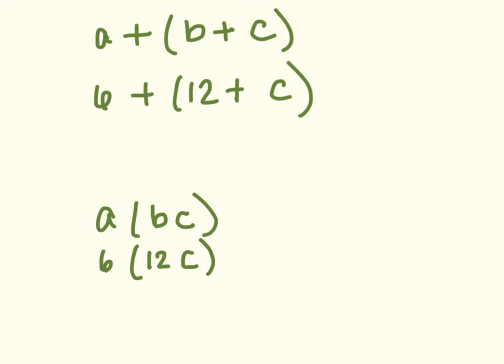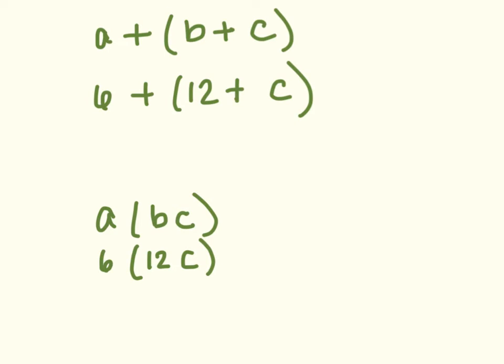All right, here's associative. So we're going to add A, B, and C together, which is obviously mathematically correct, but it doesn't mean anything because we don't know the value of those numbers. But let's say we knew some of the values. So in this case, A is 6 and B is 12. And if I know what they are, I don't want to use order of operations and add 12 to C because I don't know what C is.